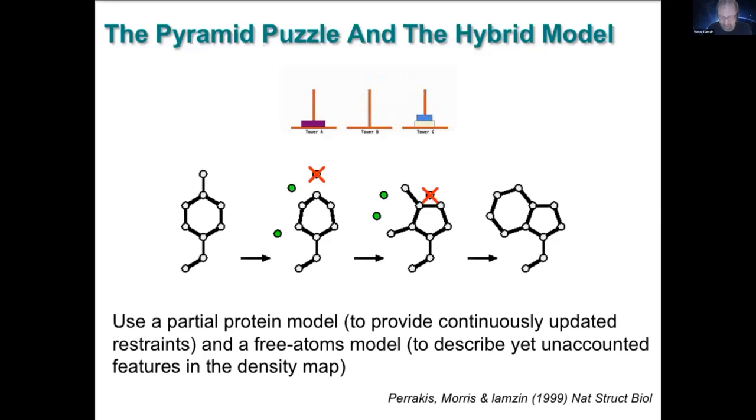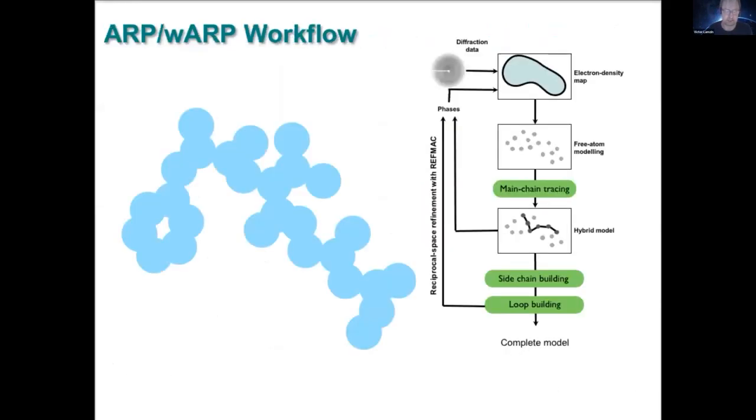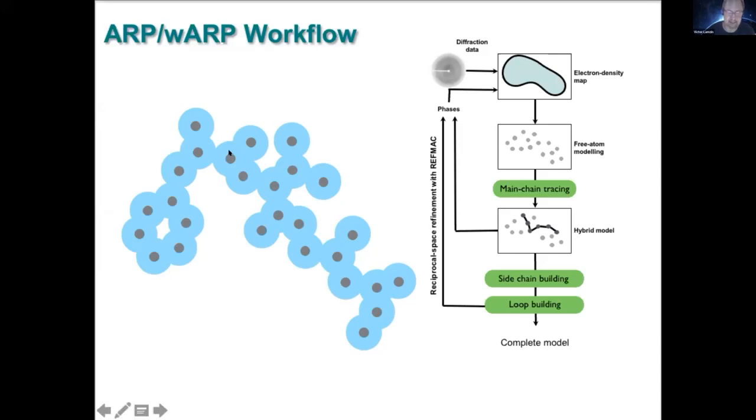So with Tassos Perakis and Richard Morris, we published how this was applied to tracing the protein chains in 1999. And schematically, I will very quickly outline it here. Well, very nice density map. What we need to do is to parameterize the density map sparsely with some points. Let's call them atoms. And we place them somewhere, somewhat at a higher density, at some distances from each other.